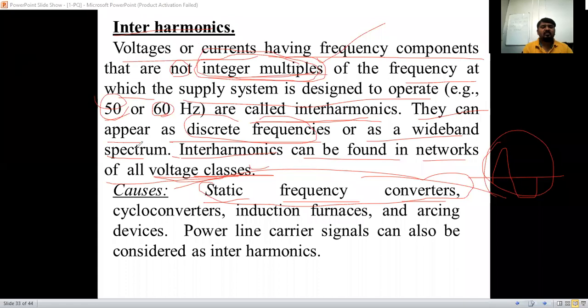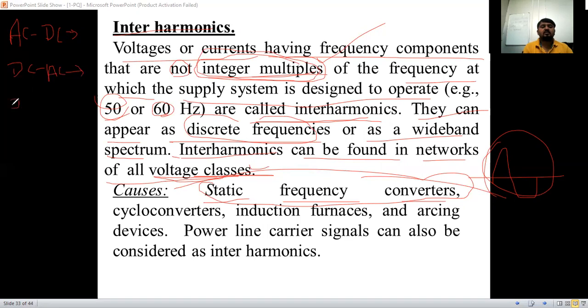Whatever waveform distortions are there, these all are because of the conversions only. Suppose AC to DC conversion, which circuit are we going to use? Next, DC to AC, which converters are we going to use?